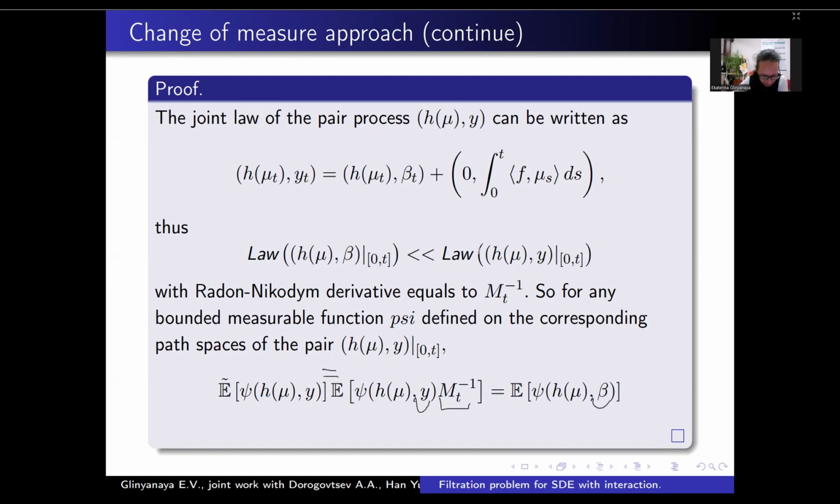So if the initial h of mu was independent of beta, then under our new probability measure we will have independence between h of mu and y. Okay, I recall that beta is independent of everything, so it is independent of the solution by assumption.